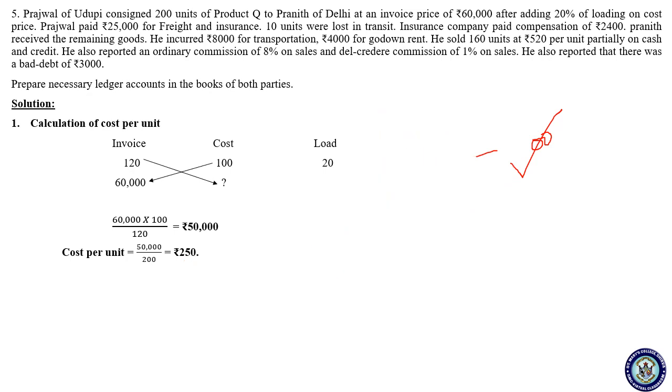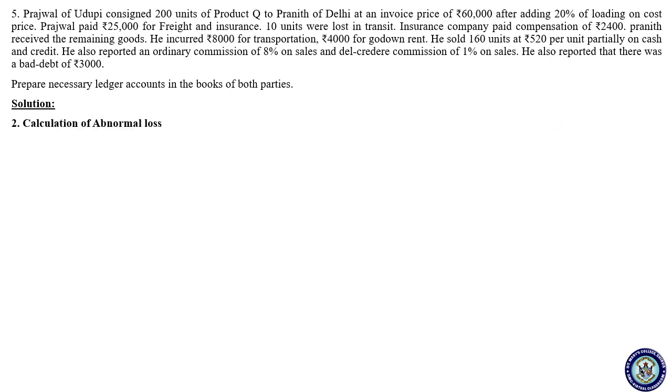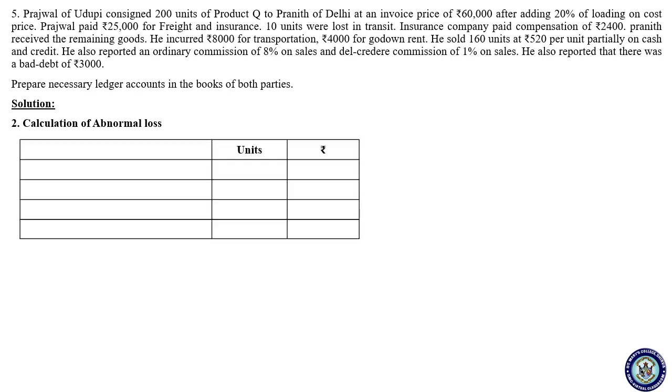Okay, next we will go for the next working note, that is calculation of abnormal loss. That is working note number 2, calculation of abnormal loss. Draw the lines: particulars, units and amount in rupees.